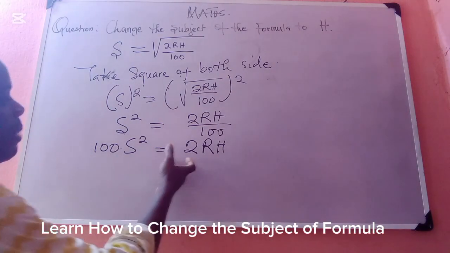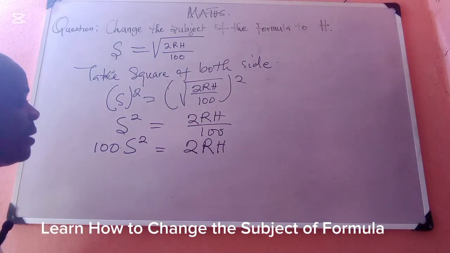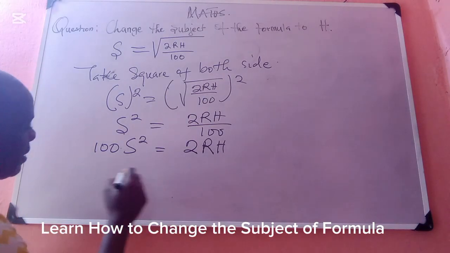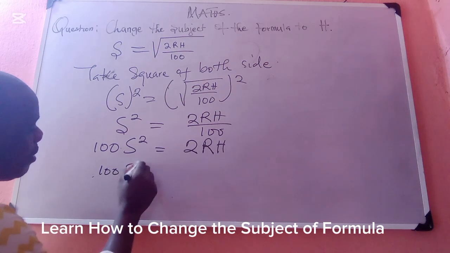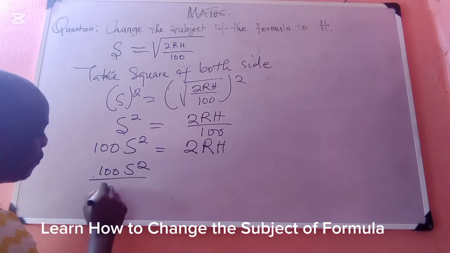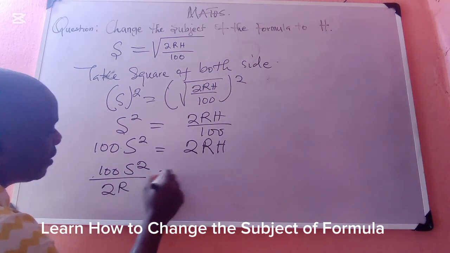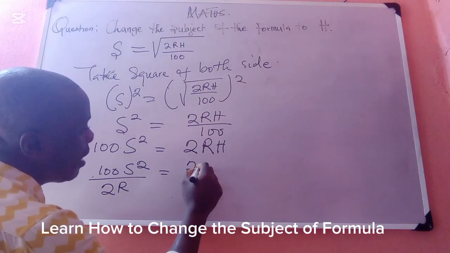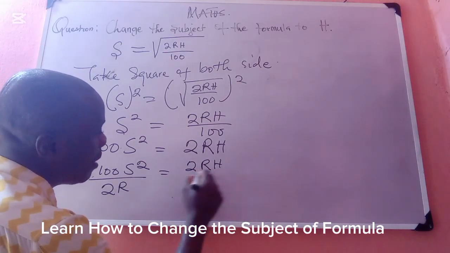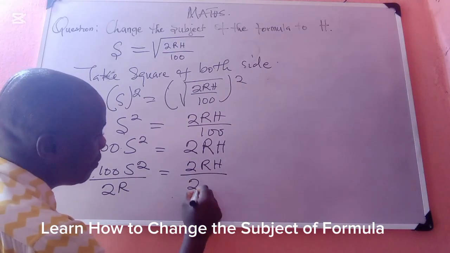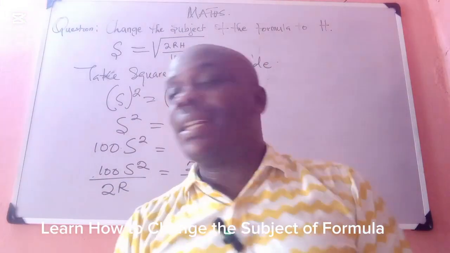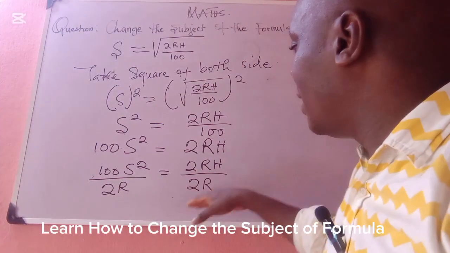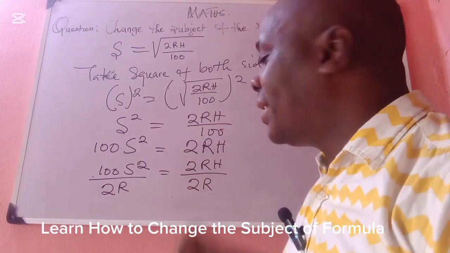So what we do is divide both sides of the equation by 2. Let's divide it. We now have 100 S raised to power 2 all over 2, then 2H all over 2. The next stage is to eliminate the 2 from this.